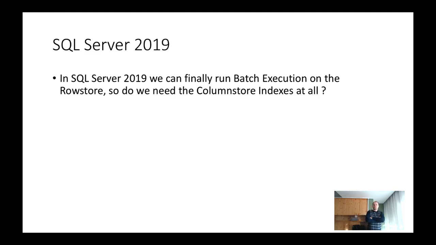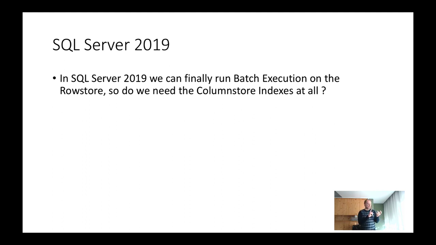First of all, in SQL Server 2019, we finally have received the batch mode on the Rowstore Indexes. Everybody get excited, yeah! And some people started saying, I'm still running my Rowstore Indexes on my data warehouse. I will not need to worry about the Columnstore Indexes.